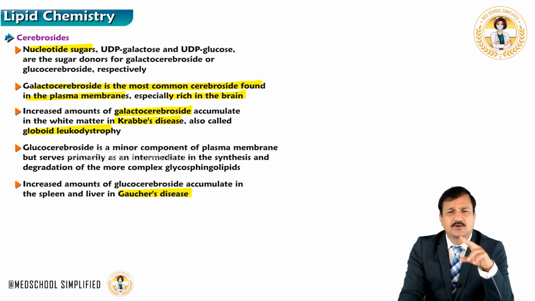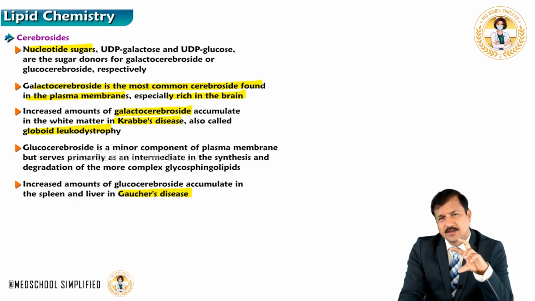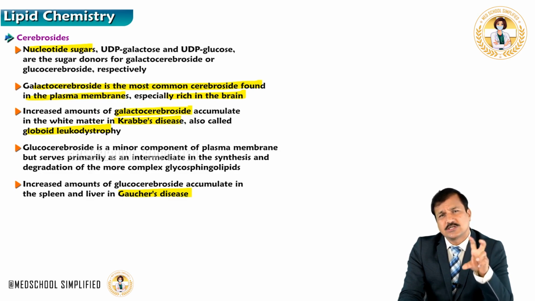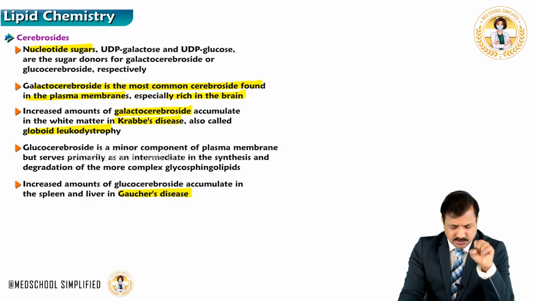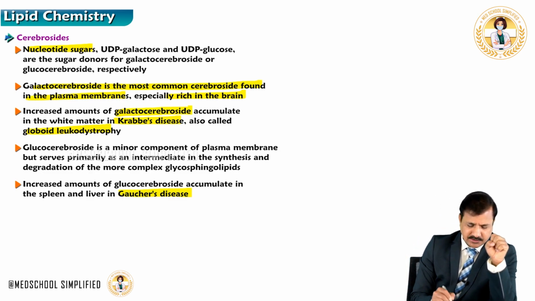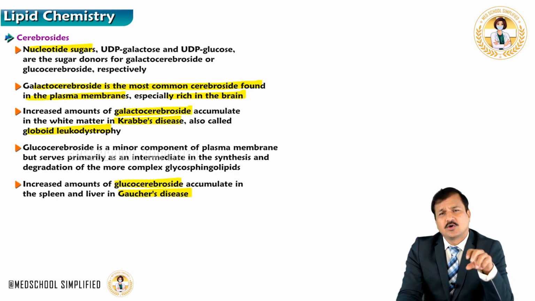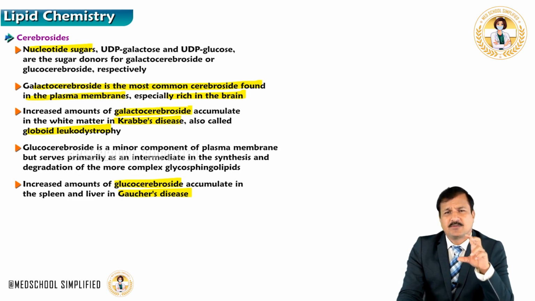You know, galactocerebroside is also called galactosylceramide. Don't get confused. So galactocerebroside is also referred to as galactosylceramide. Alright. So similarly in Gaucher's disease, glucocerebroside or glucosylceramide is the molecule that is accumulating there.